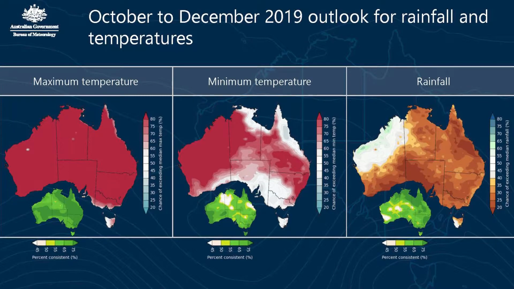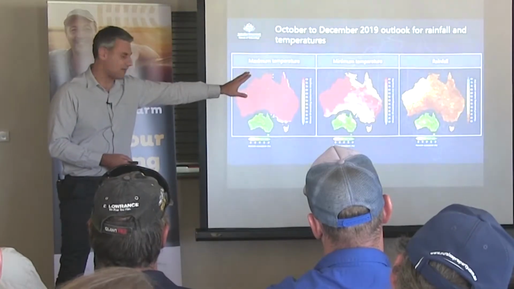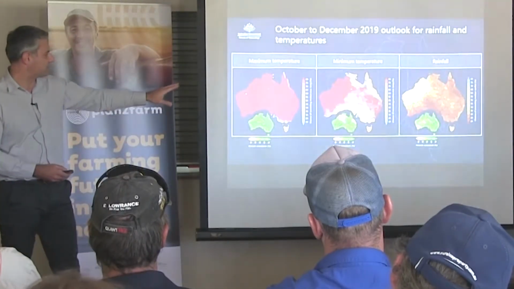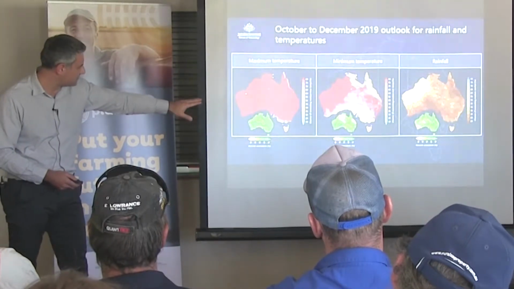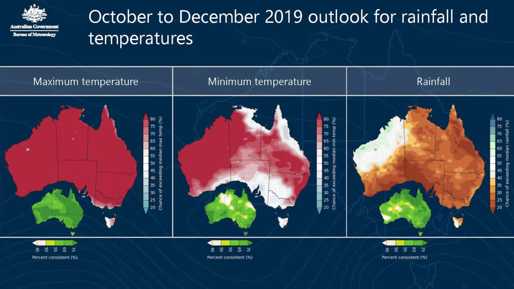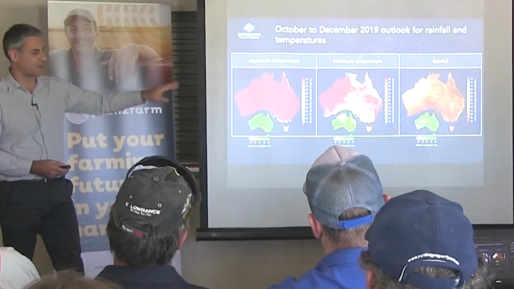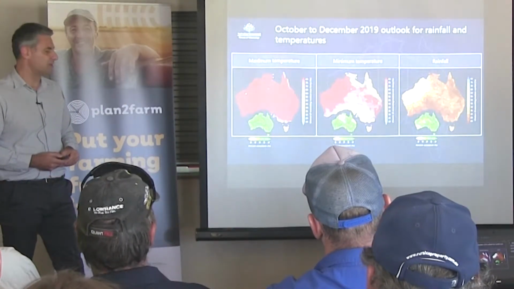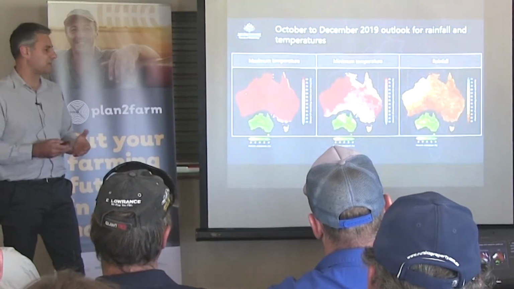As you can see on the right, the map of Australia is mostly covered in brown, and I don't know if you can see the numbers there, but most of that means less than 30%, around 20 to 30% chance of getting just average rainfall in those locations. So it's a pretty slim chance of getting even just average.